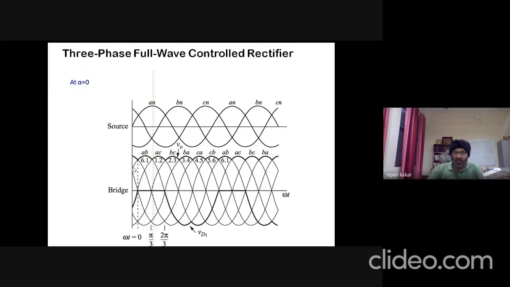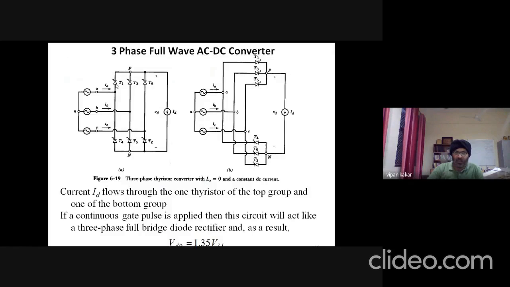Over here we have this pair conducting, T6 and T1, and we have VAB at the output. T1 is conducting, and all the others are off, so the current will follow this path. This is the positive half cycle of VAN.